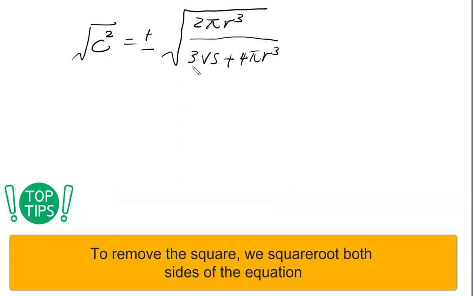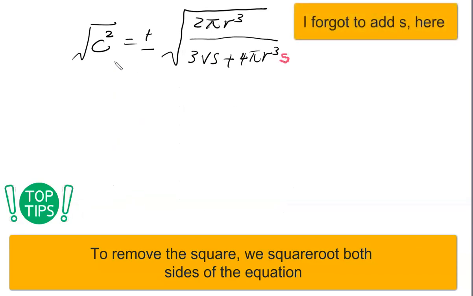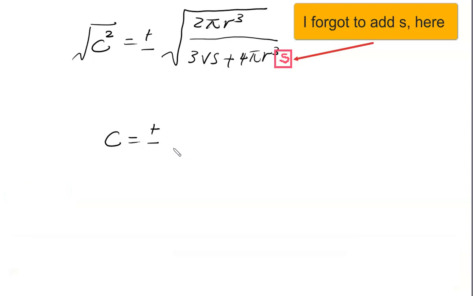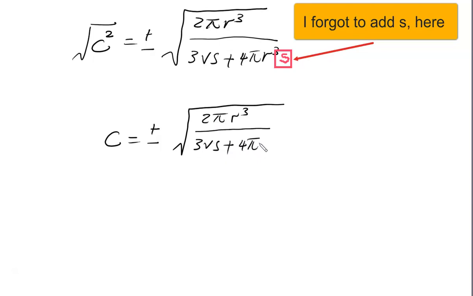At which point we now have c equal to plus or minus the square root of 2 pi r cubed divided by 3vs plus 4 pi r cubed. And that is the correct answer.